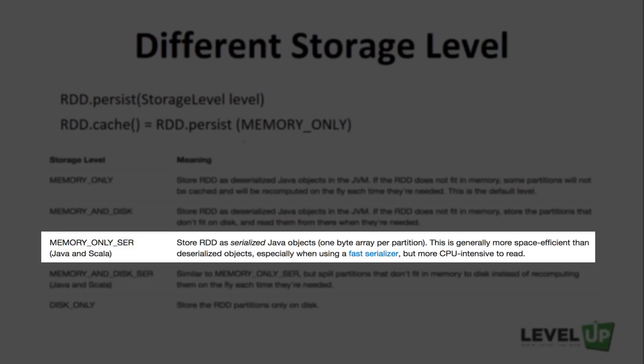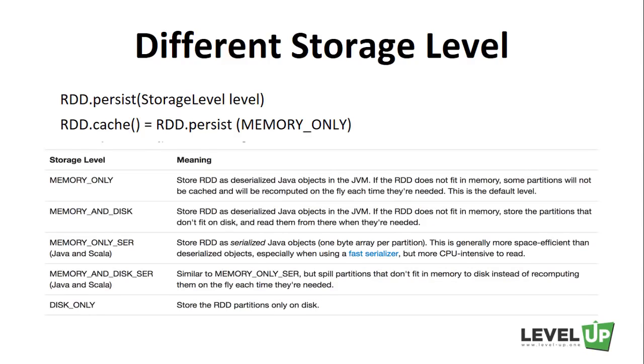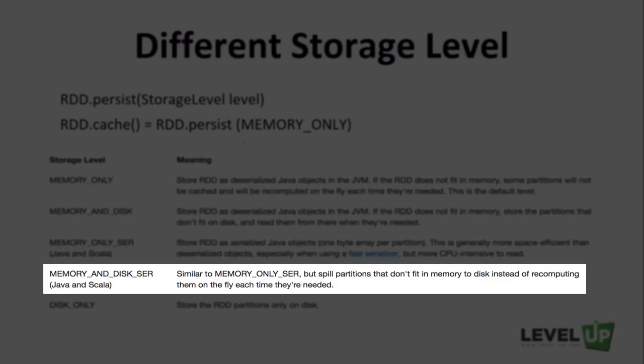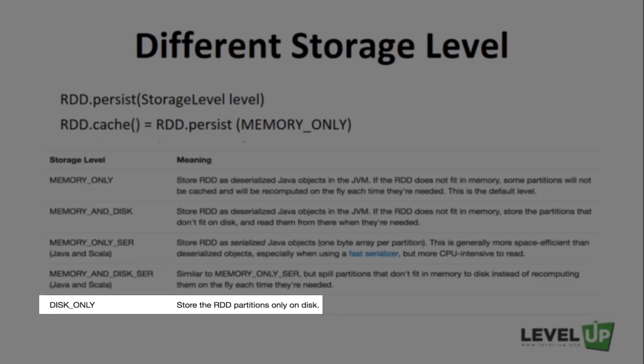This is more space efficient than deserialized objects, especially when using a fast serializer, but more CPU intensive to read. Memory and disk SER is similar to memory only SER, but it will save partitions that can't fit into memory to disk instead of recomputing them on the fly each time they're needed. Disk only will store the RDD partitions only on disk.